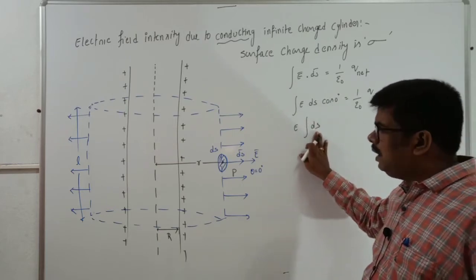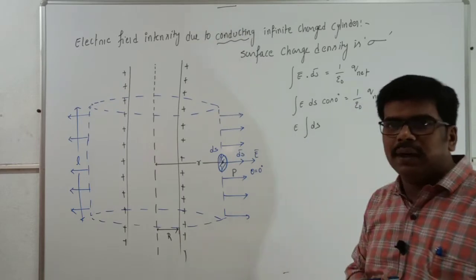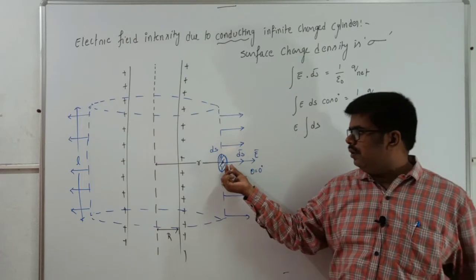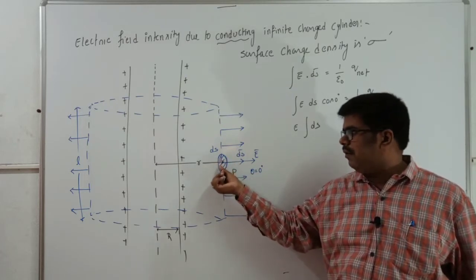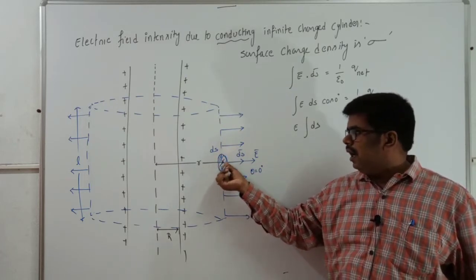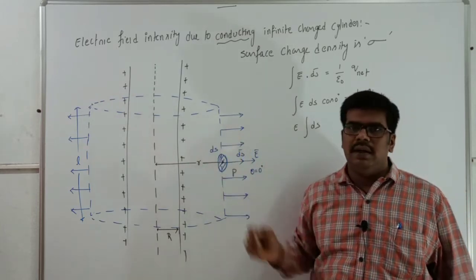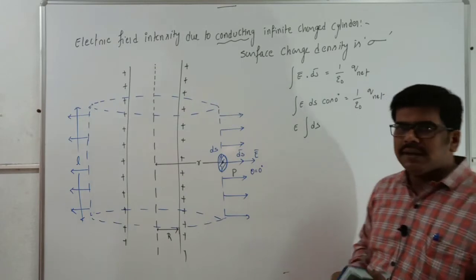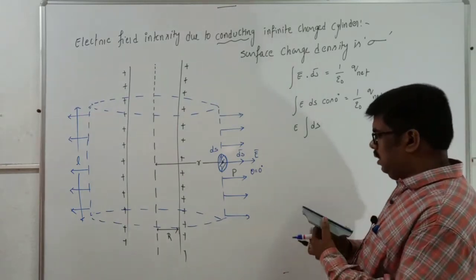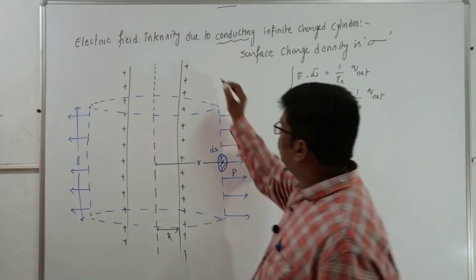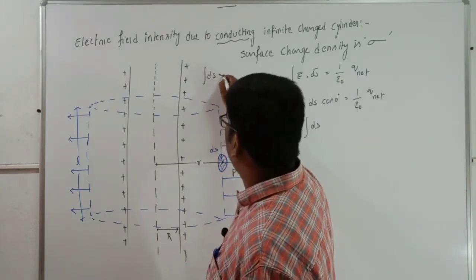What about the integral ds? You observe here, ds is a small surface area over the Gaussian surface. Integral ds means the complete Gaussian cylinder area, that is, the Gaussian surface area.